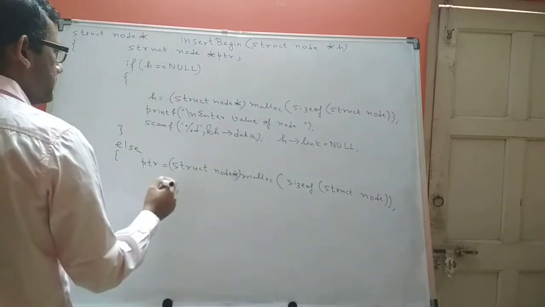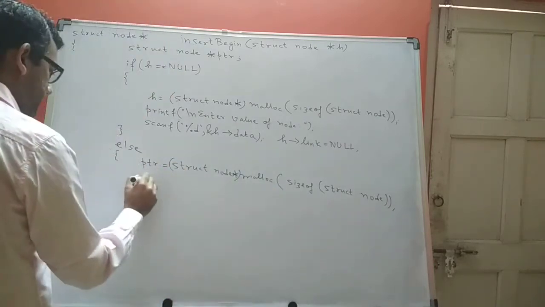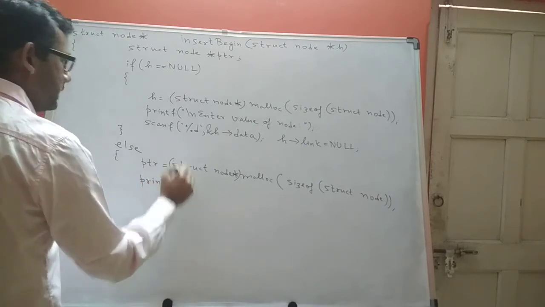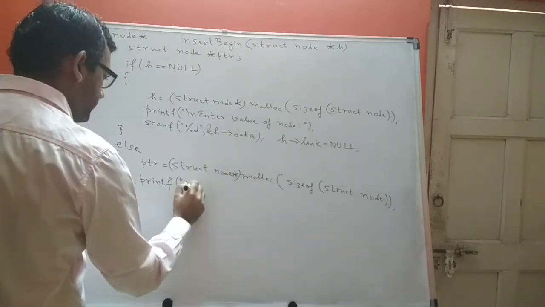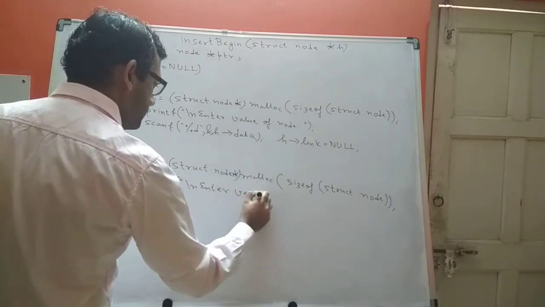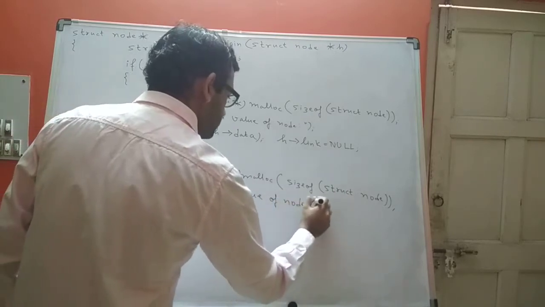Now after doing this, what I need to do is accept the value of the node from the user. So I'll ask the user, just like I asked here, to enter the value of the node. So I'll say enter value of node.